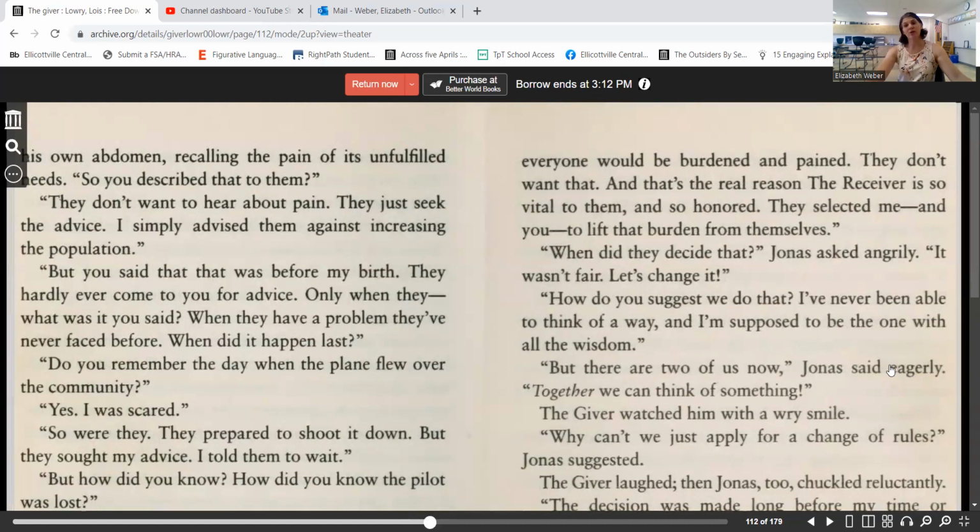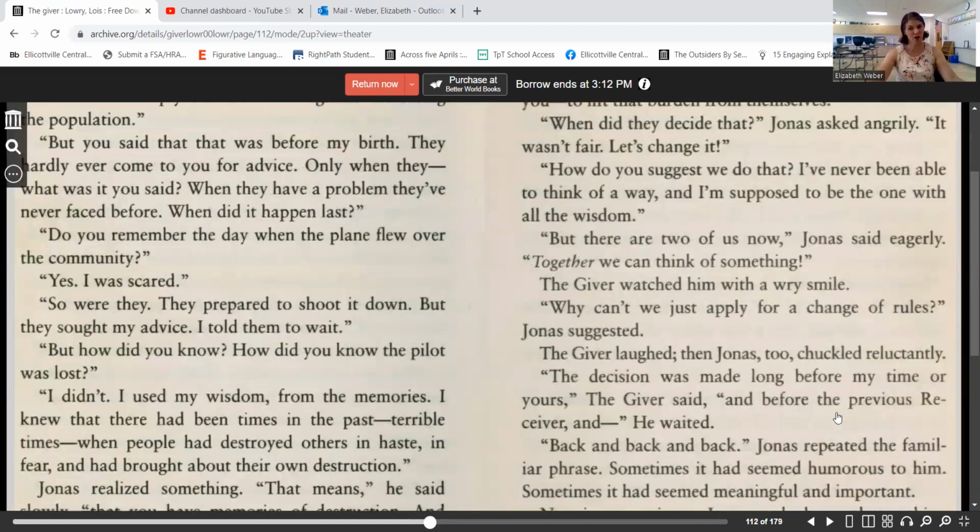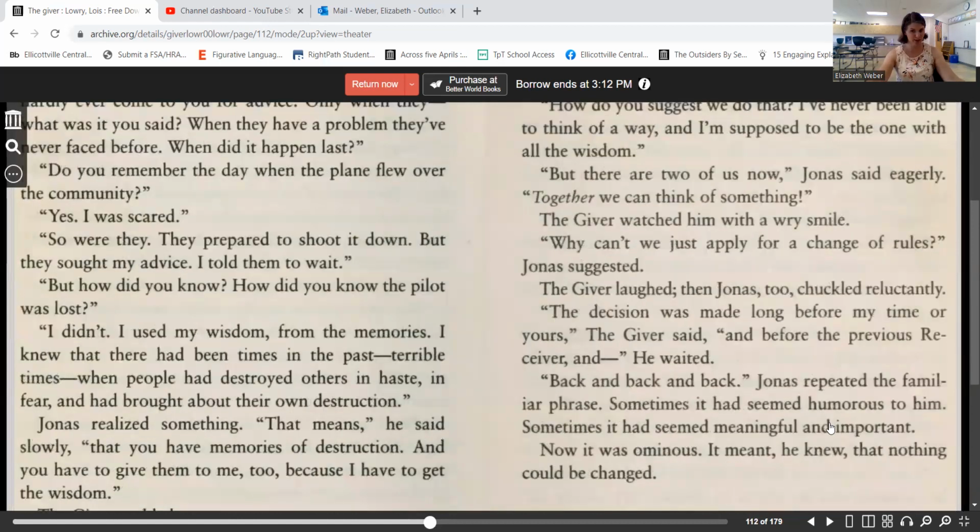But there are two of us now, Jonas said eagerly. Together, we can think of something. The giver watched him with a wry smile. Why can't we just apply for a change of rules? Jonas suggested. The giver laughed. Then Jonas too chuckled reluctantly. The decision was made long before my time or yours, the giver said, and before the previous receiver.